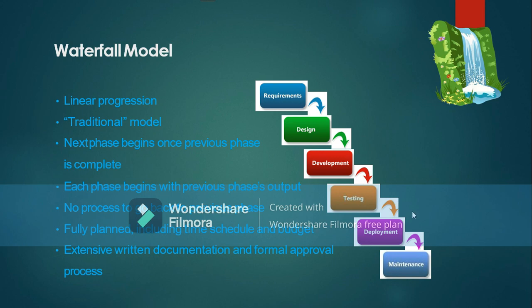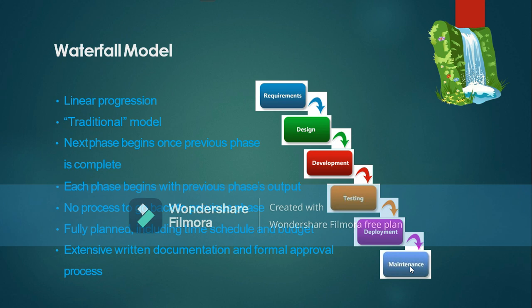If you see here, it's moving in one direction. You cannot go back in any phase till it is deployed, it's live, and it's in maintenance. And then you cannot go back, as I told you.